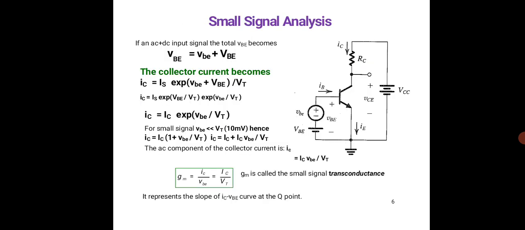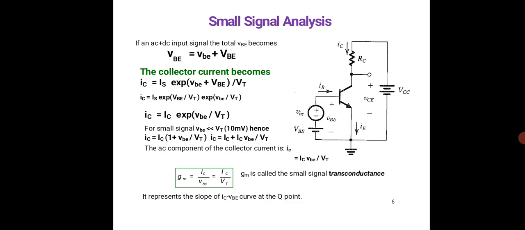Now small signal analysis. If an AC plus DC input signal is given, the total vBE will be equal to the DC base emitter voltage VBE plus the AC vbe, and the collector current will now become iC equal to IS exponential of (VBE plus vbe) divided by the thermal voltage VT. Here, iC will be equal to IC exponential of vbe by VT. For small signal, vbe is considered to be very much smaller than VT.